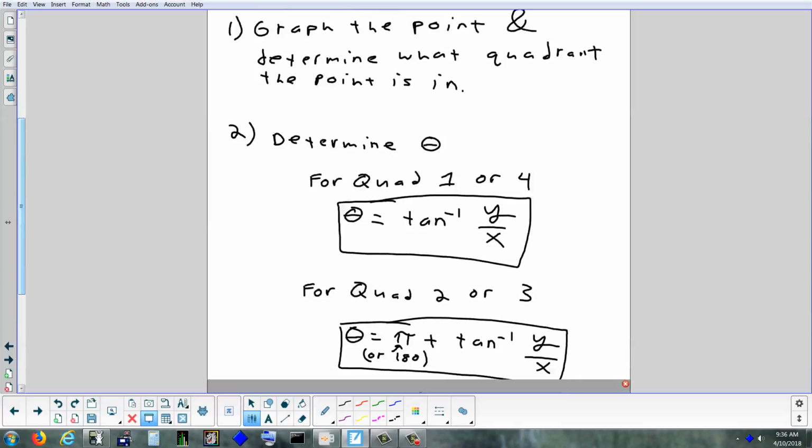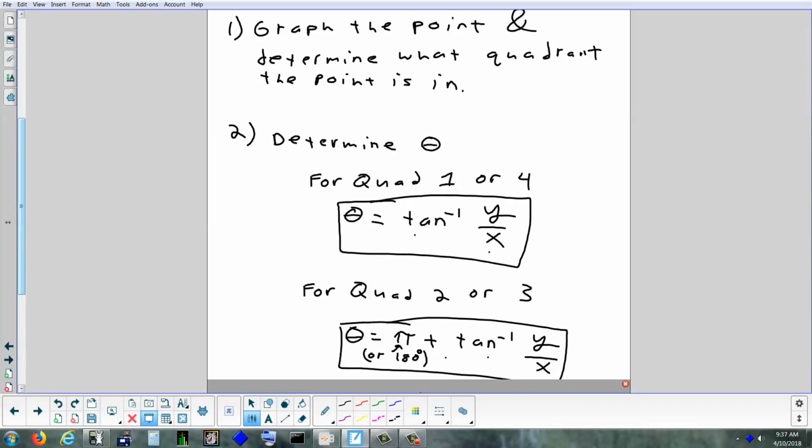So if you're in quadrants 2 or 3, use the formula pi plus inverse tangent y over x. Now, that covers what can happen if you're in quadrants 1, 2, 3, or 4.